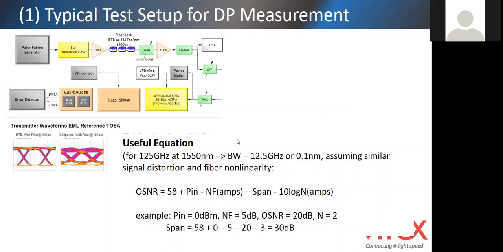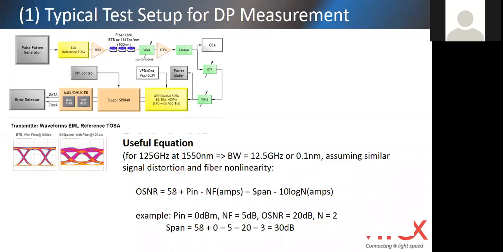So a very useful equation is that for 12.5 gigahertz at 1550 nanometer, the bandwidth is roughly 12.5 gigahertz, or if you would like to see it in wavelength, it's about 0.1 of a nanometer.